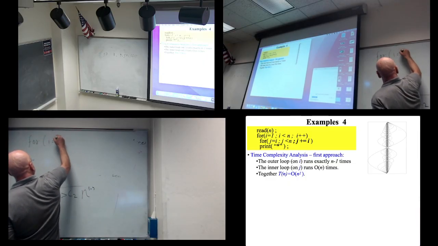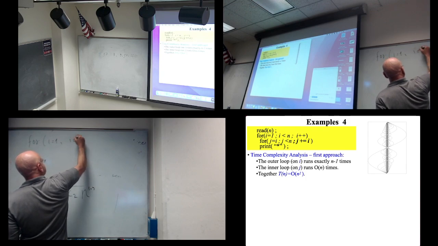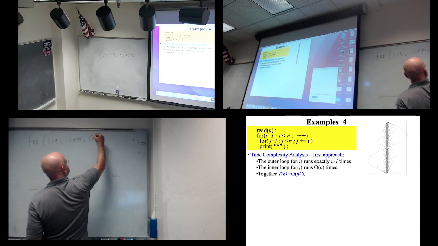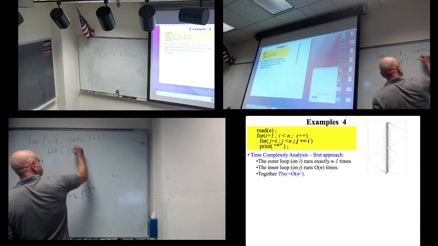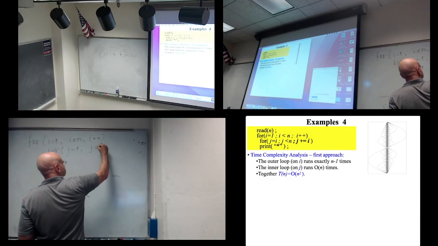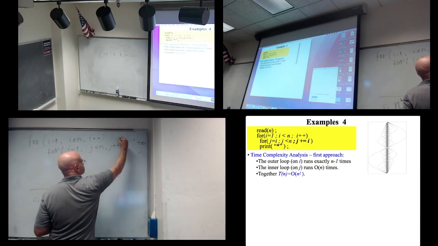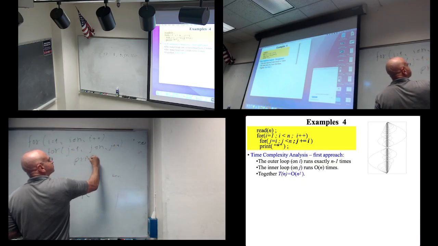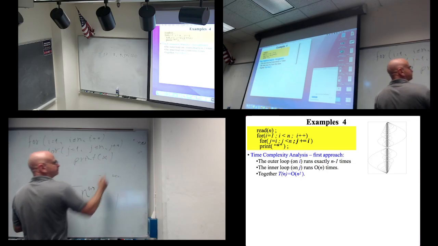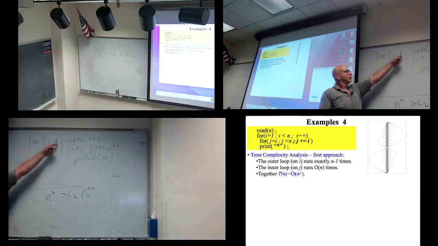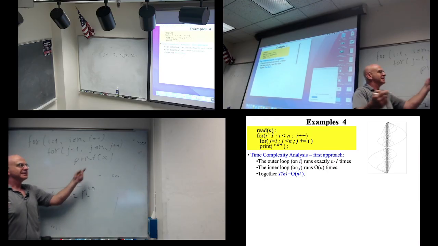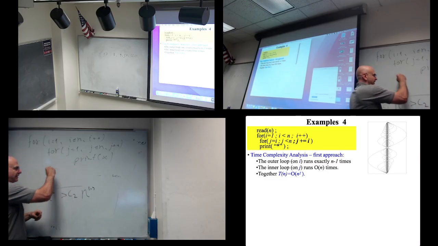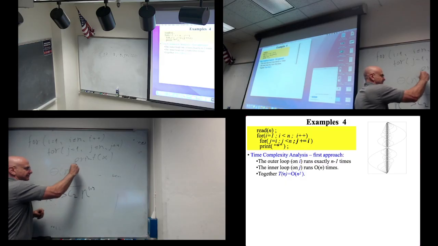For i equals 1, i smaller than n, i plus plus, for j goes from 1 to n, print star. There is no doubt that here it runs in theta of n squared time.